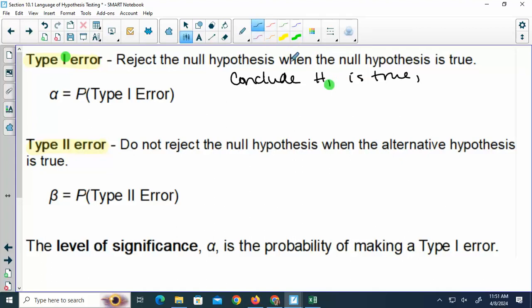Sorry, I said null, but I meant alternative. So in type 1 error, you conclude that the alternative is true, but it's not. For that, alpha is the variable that's used. So alpha is the probability of a type 1 error. When we reject the null hypothesis, we conclude the alternative, but it's incorrect.